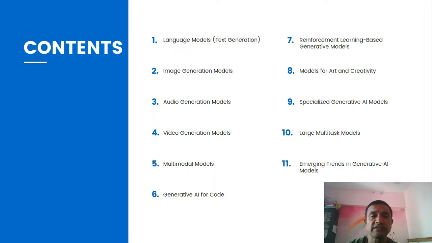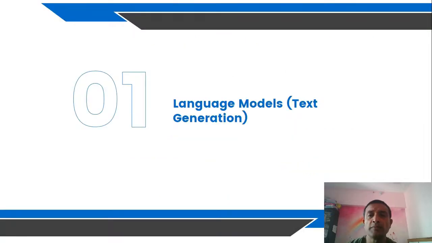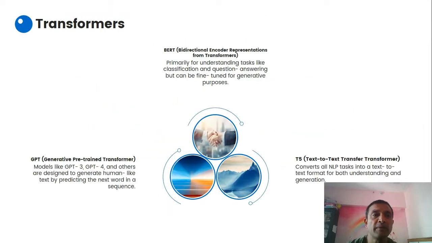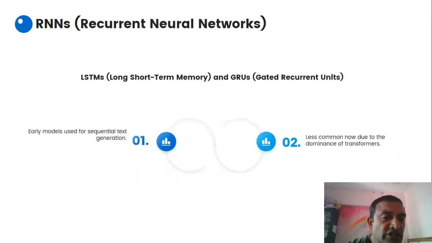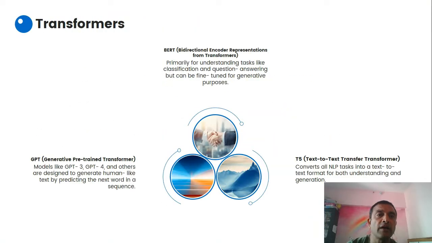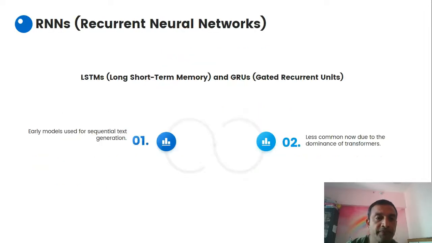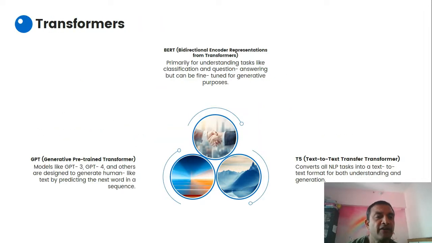Okay, so let's go and discuss some of the language models, the language models and text generation models. GPT is one we can talk about: generative pre-trained transformers, like GPT-3 and GPT-4, and others, are designed to generate human-like text.